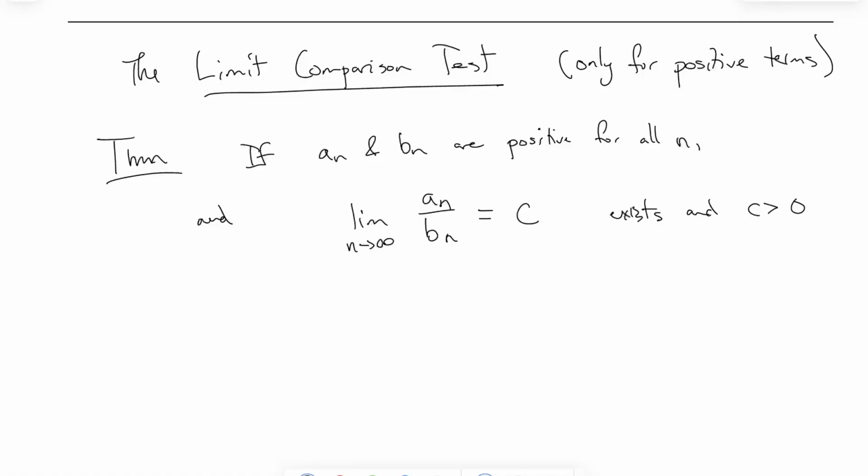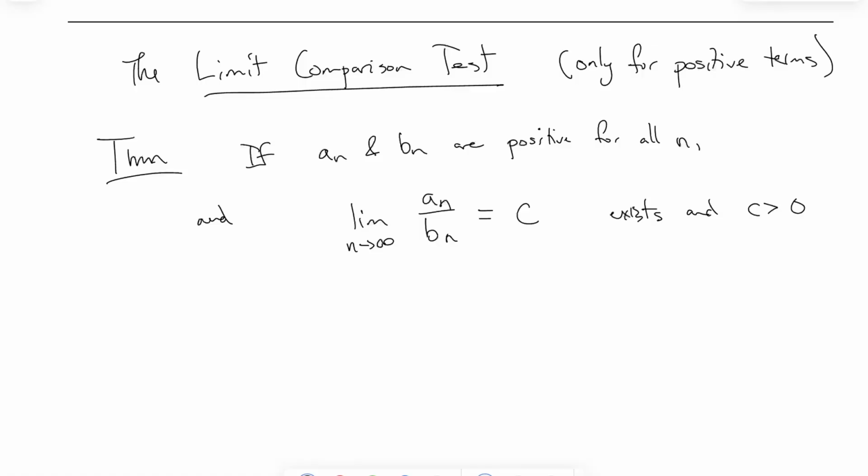So if, when you divide the terms of the two series, their limit is a constant, and that constant is not 0 — it's automatically going to be positive or 0, because a_n and b_n are always positive numbers, but it is possible sometimes for this constant to be 0.